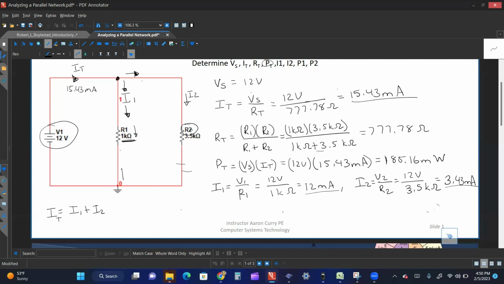And so as the current comes down to this junction point, it meets back up with the current that decided to go the other way. And this current is essentially I total as well. And then the cycle continues on and on. But that's another point that I wanted you all to remember, that current flows in the path of the least resistance.